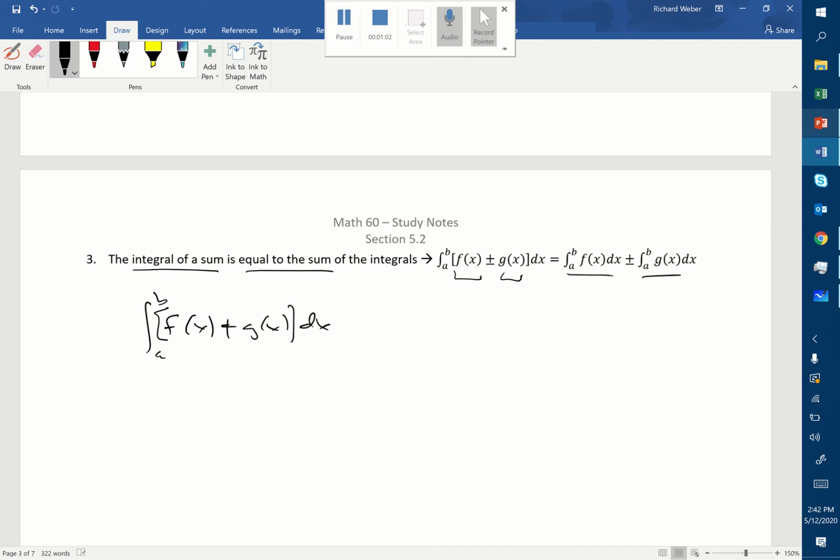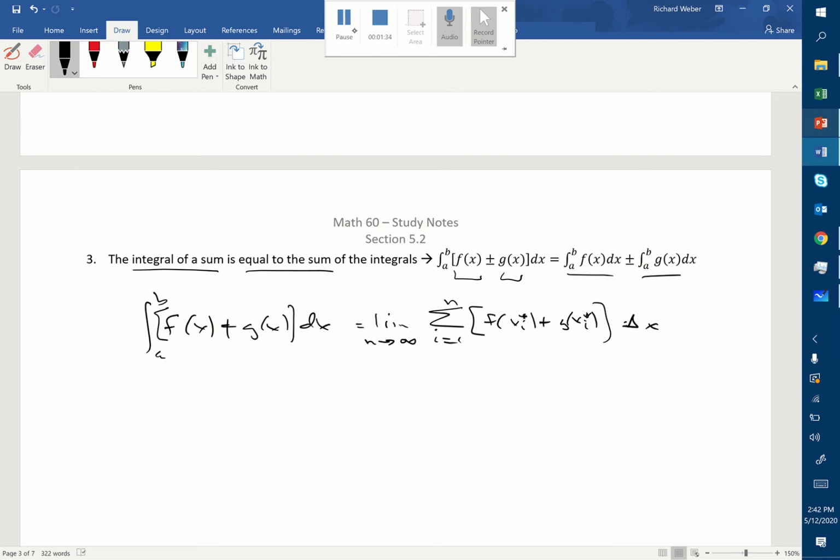By definition, what this means is we're looking at the limit, if it exists, as n goes to infinity of the sum as i counts from 1 to n of the function evaluated at x sub i star. Well, this particular function is f of x sub i star plus g of x sub i star. And then you multiply it by delta x, okay?